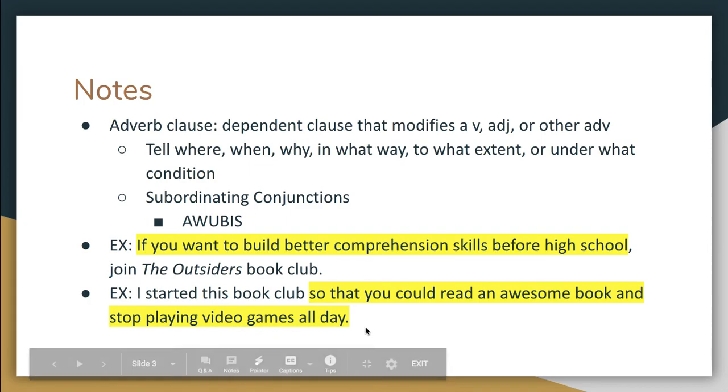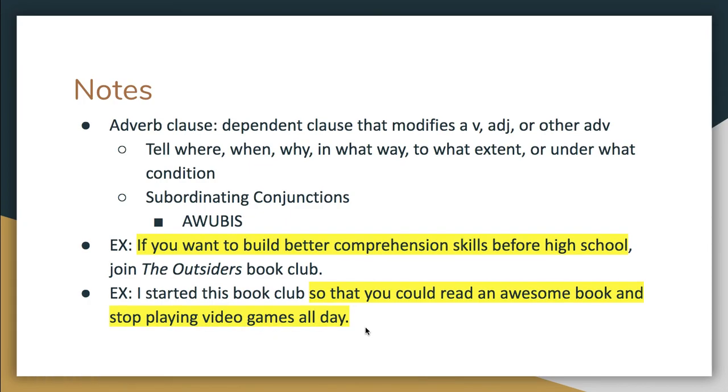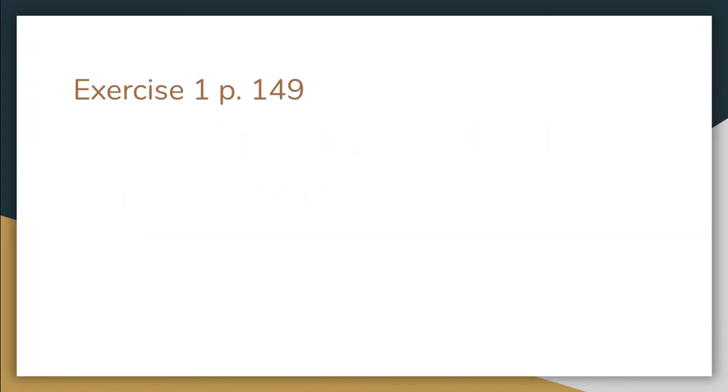Okay? So exercise 1, the directions say identify the adverb clause in each sentence. Name the subordinate conjunction. So we have to find the subordinate conjunction in order to find the clause. So I typed out the whole clause and I also underlined the subordinating conjunction.